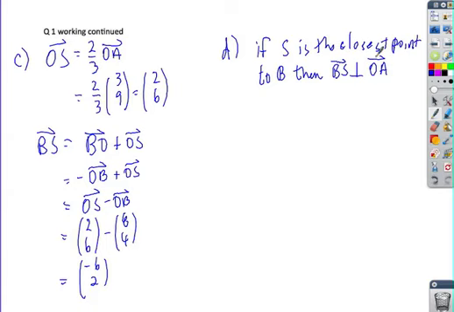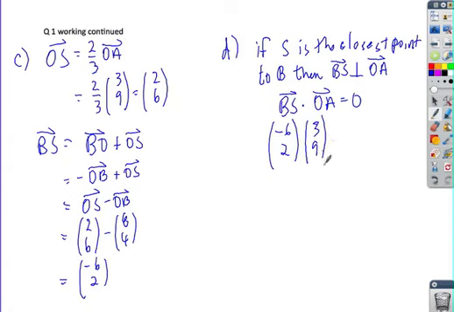And if that's true, then BS dotted with OA should be 0. So the vector BS that we found, (-6, 2), dotted with the vector OA, (3, 9). Again, we're using this as a proof. We're testing to see if this is going to be true.